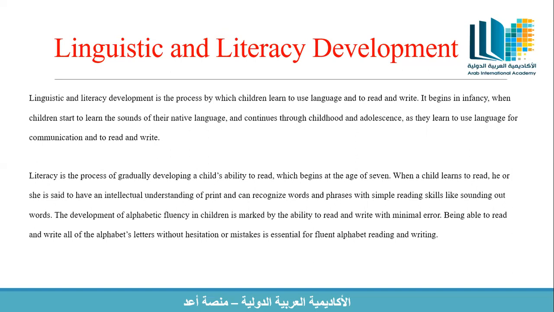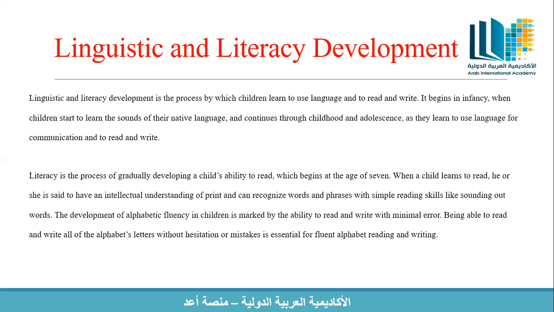When we talk about native language, we talk about the mother tongue, and it continues through childhood and adolescence as they learn to use language for communication, to read and write. Literacy is the process of gradually developing a child's ability to read, which starts basically at the age of 7. It doesn't start before that.